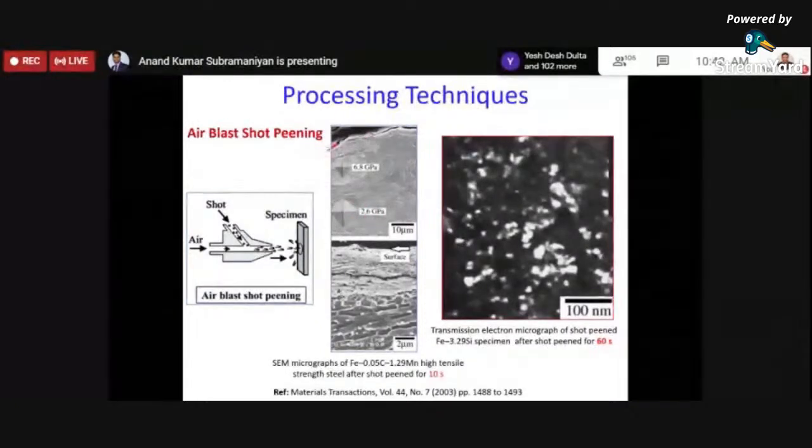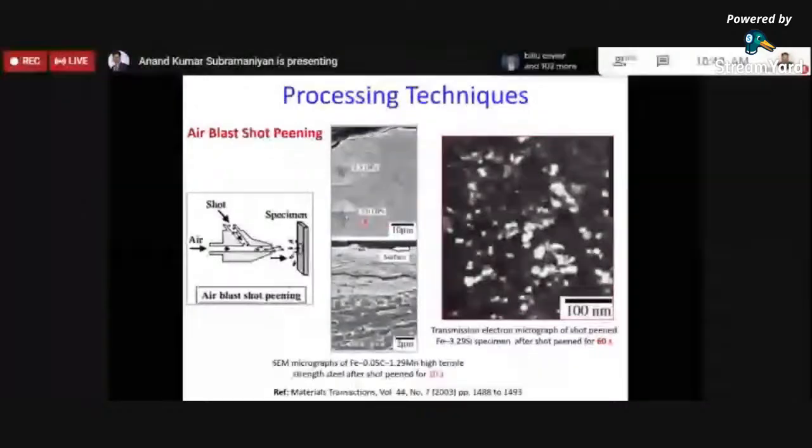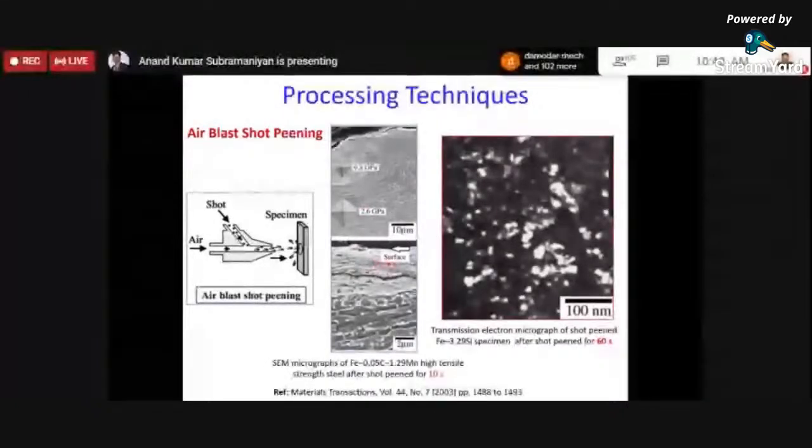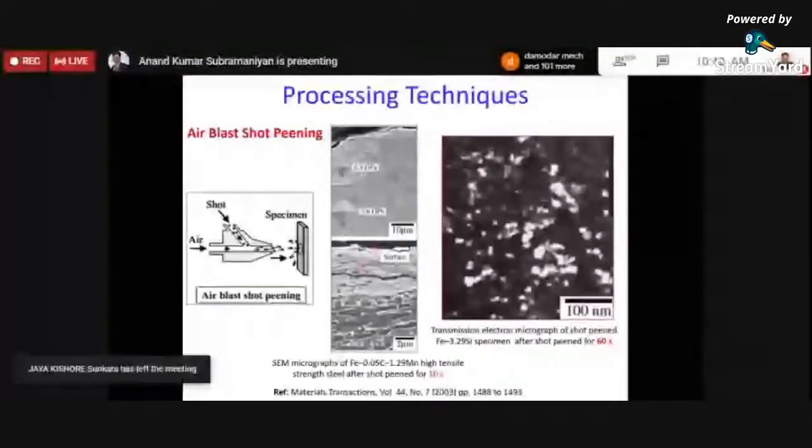So this is the treated layer, and the microhardness measured close to the treated surface is almost 6.8 GPa, and in the bulk this is the parent material hardness. So you can see a significant increase in the surface hardness once we do this treatment. And this is the peened layer, where the grains are compressed and deformed, which we call a work-hardened surface.